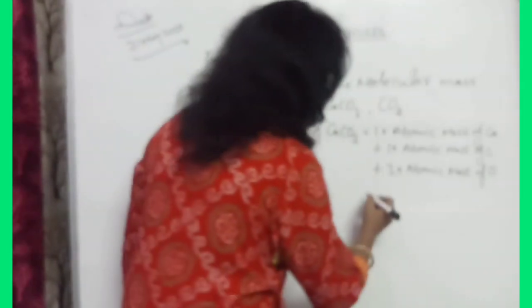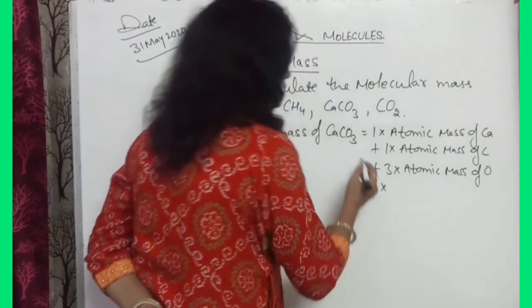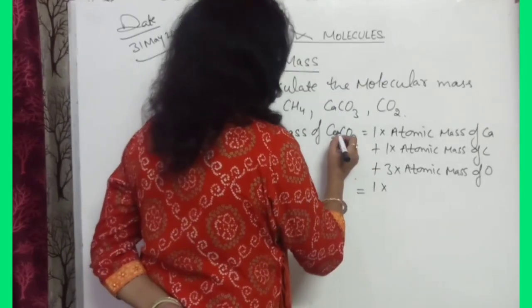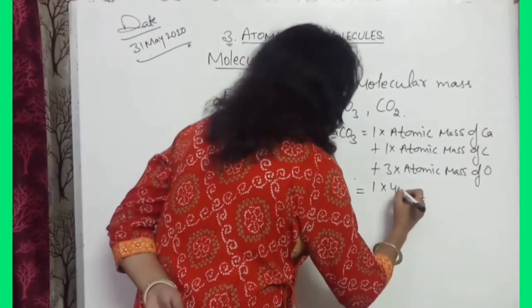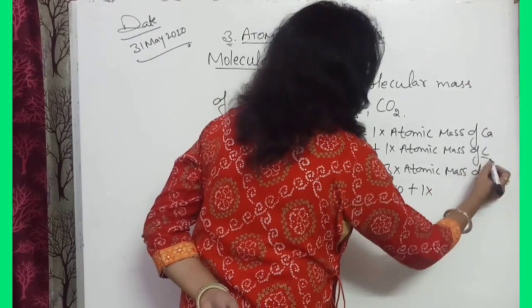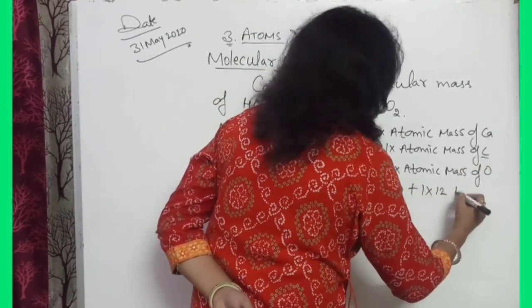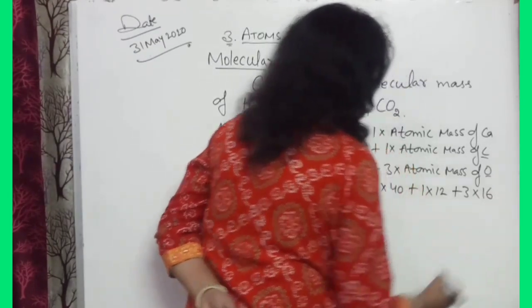Put in the values. 1 into the atomic mass of Ca, calcium, is 40, plus 1 into carbon, 12, then 3 into the atomic mass of oxygen, 16.